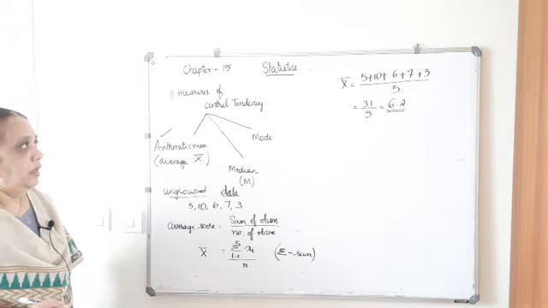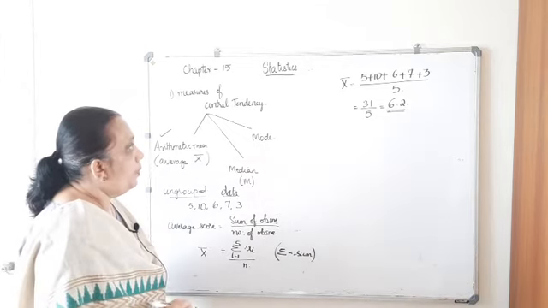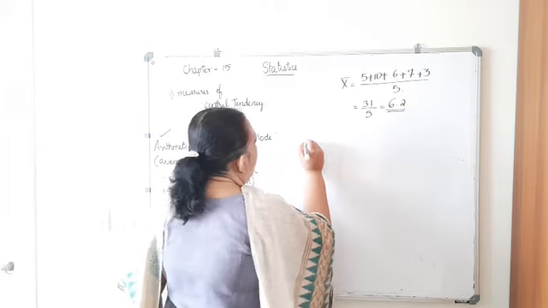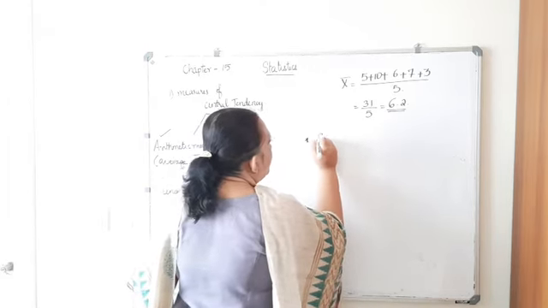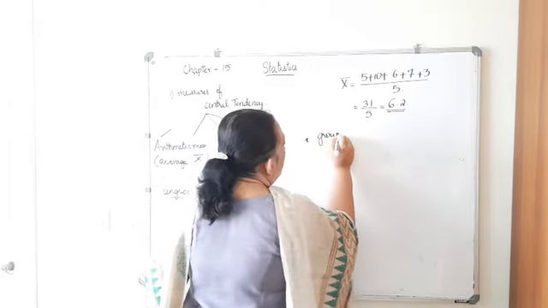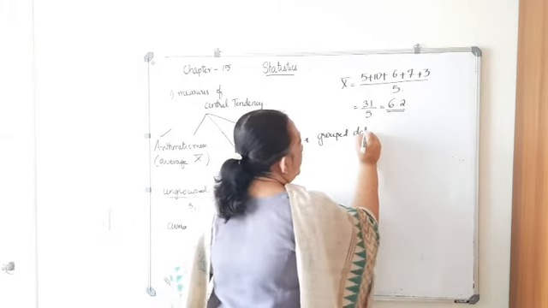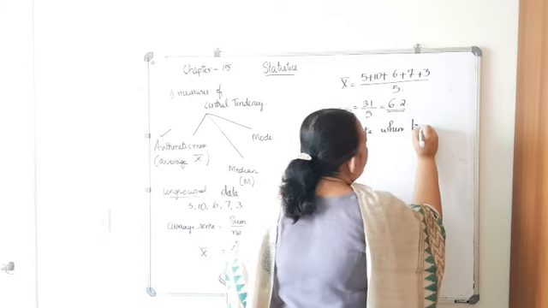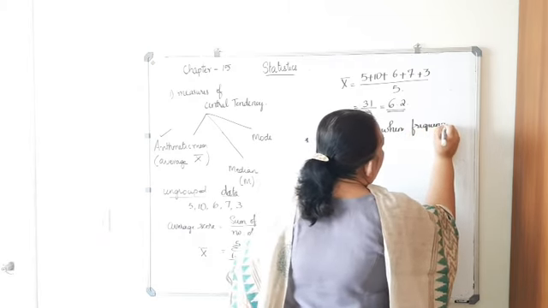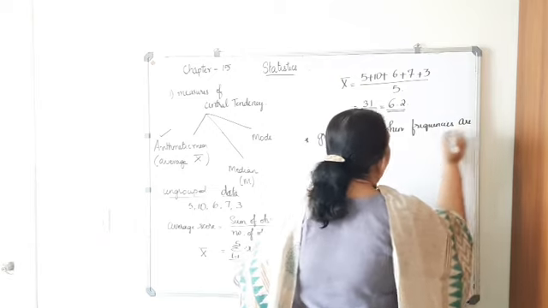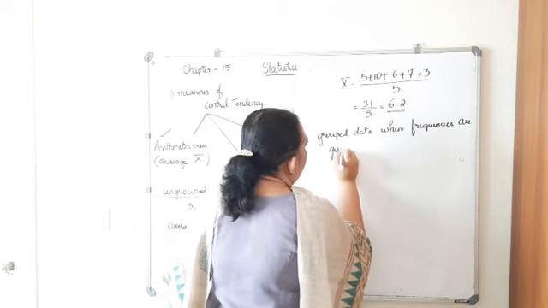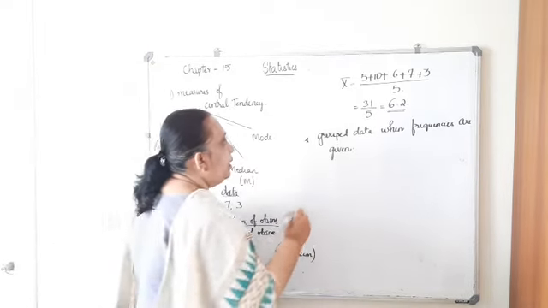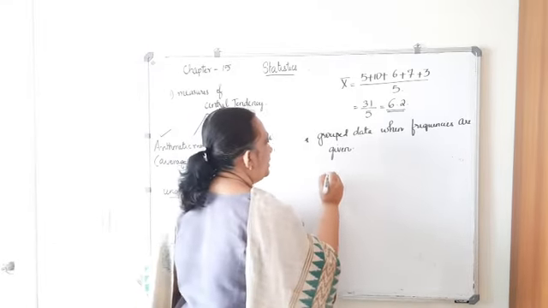Now suppose I am calculating for grouped data when frequencies are given. What do we mean by grouped data when frequencies are given?